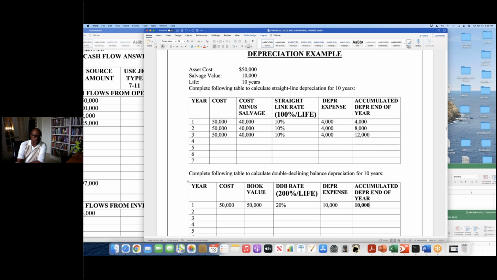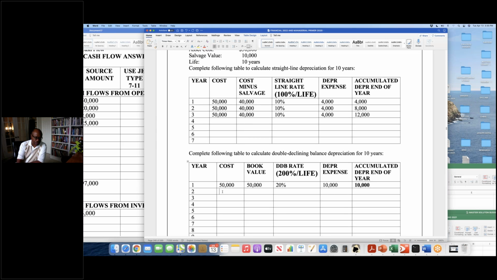But let's notice what's going to happen when we get to year 2. Cost 50,000. Our book value is going to be found by subtracting from 50,000 the accumulated depreciation from the prior year. So we're going to subtract 10 from 50. We're going to get 40,000. Now we're going to apply our 20% rate to the 40.